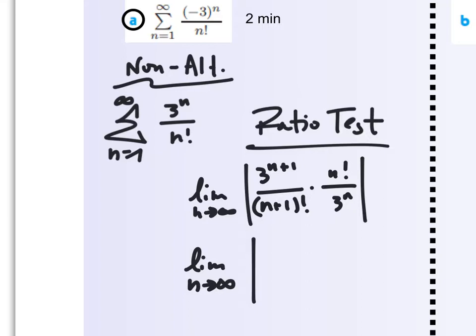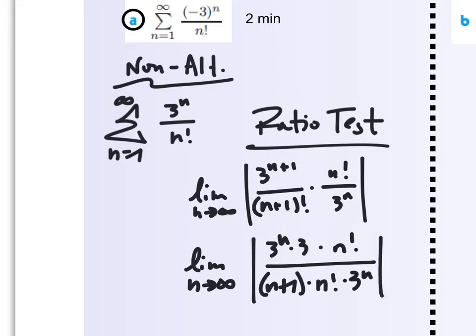Let me do some rewriting. This would be 3 to the n times 3 times n factorial over n plus 1 times n factorial times 3 to the n. All right, let's do some reducing. 3 to the n's cancel, n factorials cancel.